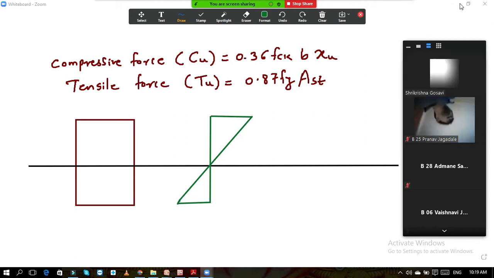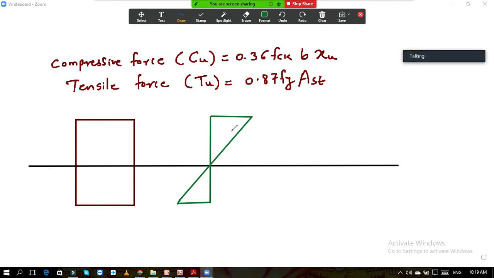Okay, so now here, what is our maximum strain? What is our maximum strain? Maximum strain is at this topmost fiber, and maximum compressive strain is 0.0035. This is our maximum compressive strain.